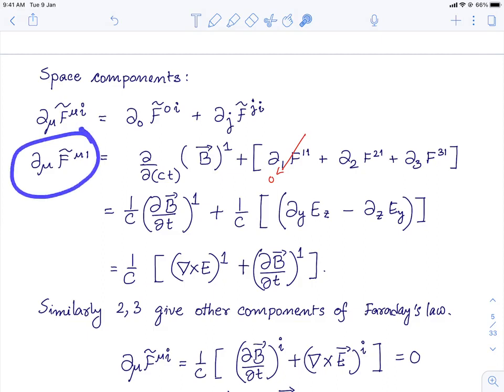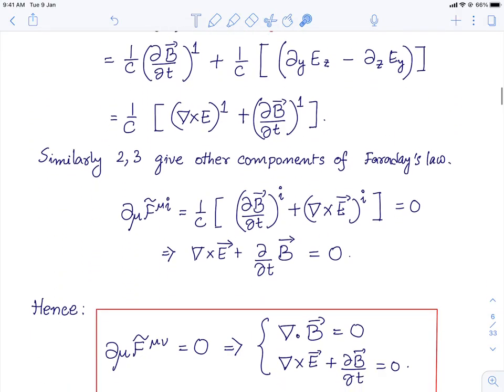So basically, this being equal to 0 means that Faraday's law is implied as soon as we write down the field strengths in terms of the potentials. This is the same story that happened before; it's just that now it is happening with the 4-vector potential and the 4-tensors.